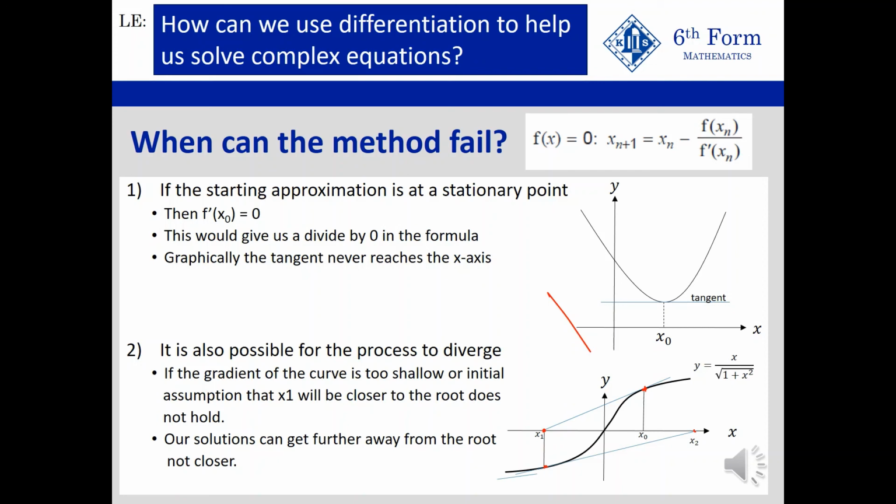Then we'd be back up on the curve up here somewhere, and that would take us even further away. If we followed that tangent line on in that direction, we'd be even further away from the root we wanted. So sometimes, just because of the shape of the function, our formula won't take us where we want it to.